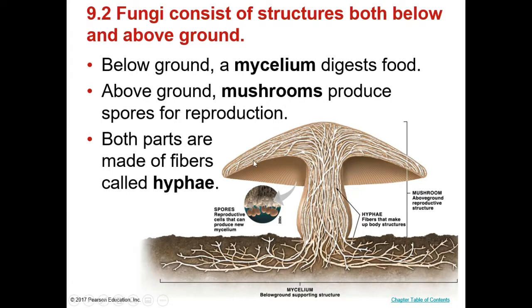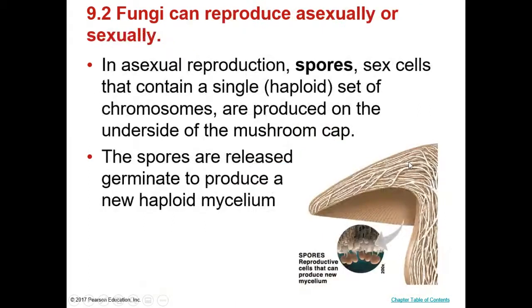Now, another structure that's of importance here is the mushroom cap, which has an underside that produces spores. Spores are the reproductive units, the reproductive cells of mushroom. Those spores are released into the soil. As long as the soil is beneficial and there's enough moisture, these spores go ahead and germinate, almost like seeds germinate.